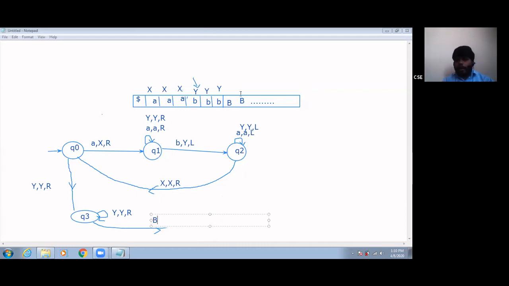After moving any number of y's to the right hand side, now you encounter a blank. Blank on blank means you keep the blank as a blank, and you are moving right hand side. And at which state are you?